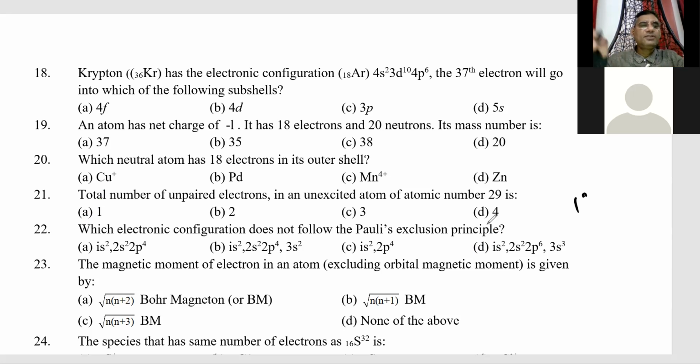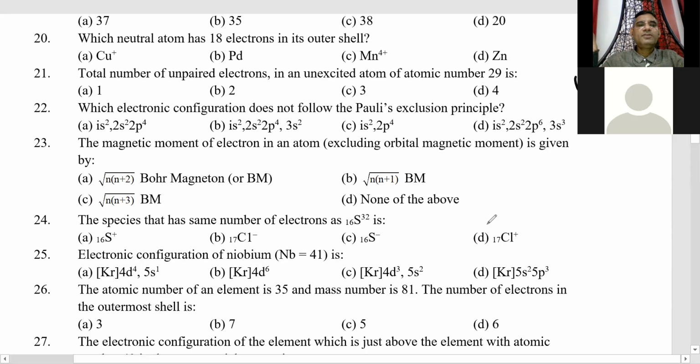Next. Question number 23. The magnetic moment of an electron in an atom, excluding orbital magnetic moment, is given by n into n plus 2.